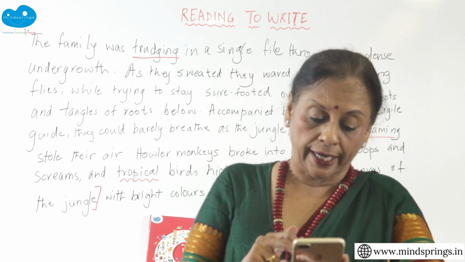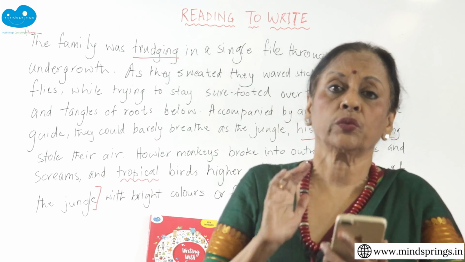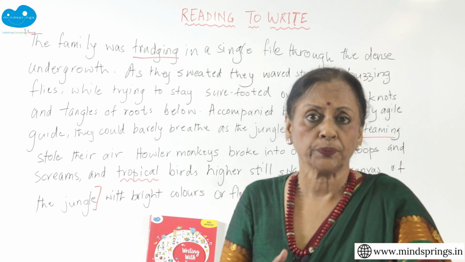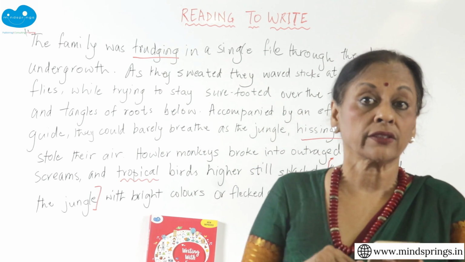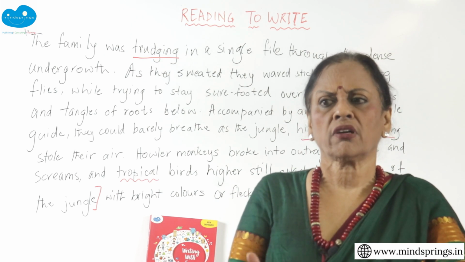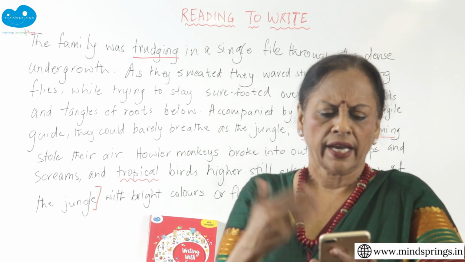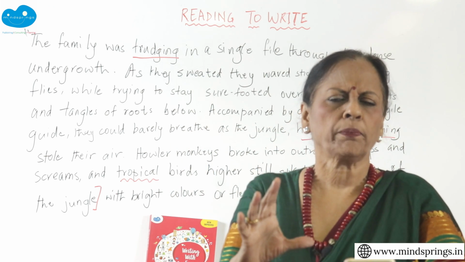But before I do that, let me talk to you about what a passage or a text would be like. I am going to read it out to you and then I will move away so that you can take a screenshot. Let us say there is a passage in a grade 8 or 9 book, a very small passage.